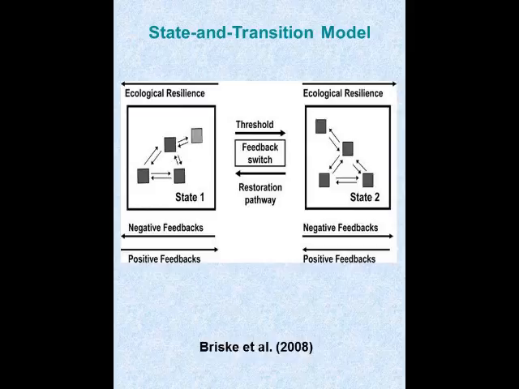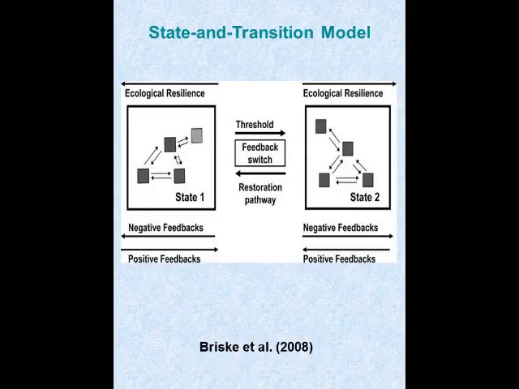When that switch is thrown, the threshold is crossed, so you move from state 1 on the left to state 2 on the right. The problem is that state 2 is not as desirable as state 1, and the only way to get back to state 1, it's problematic, and that's what we really need to do to affect functional restoration.